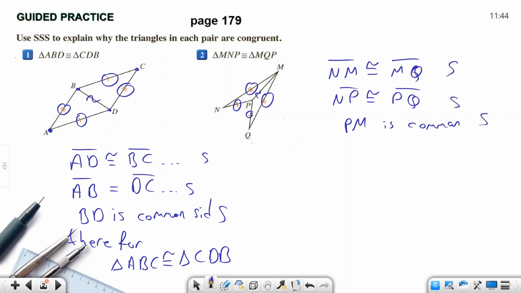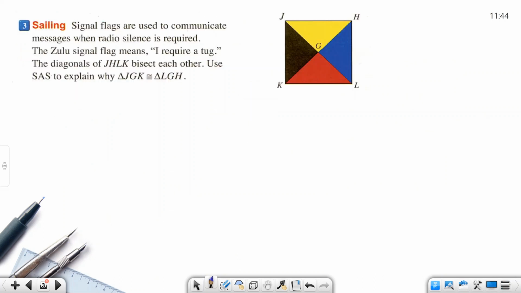So we get three sides. Therefore, triangle NMP is congruent with triangle QMP. That's all. Let's continue.